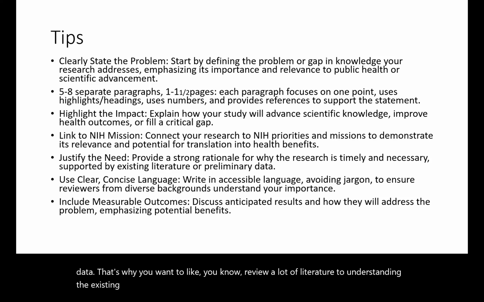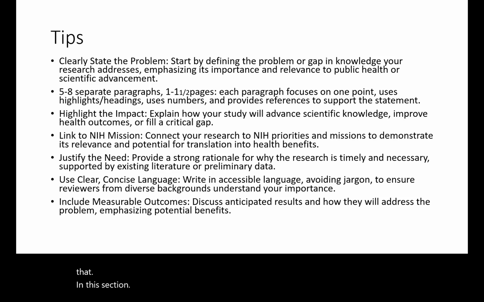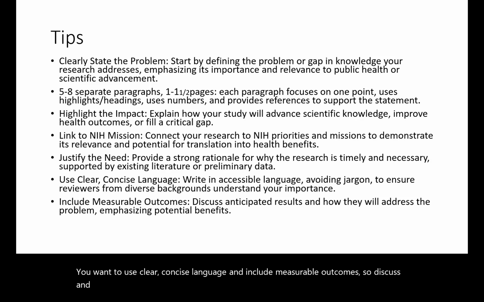And if you have any preliminary data, you want to emphasize that in this section. You want to use clear, concise language and include measurable outcomes. So discuss and anticipate results and how they will address the problem, and emphasize potential benefits.